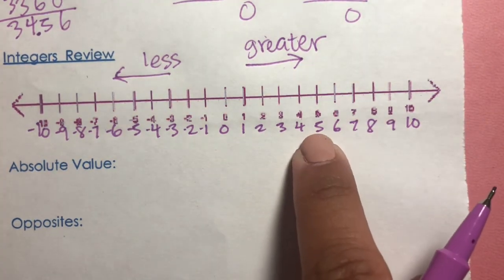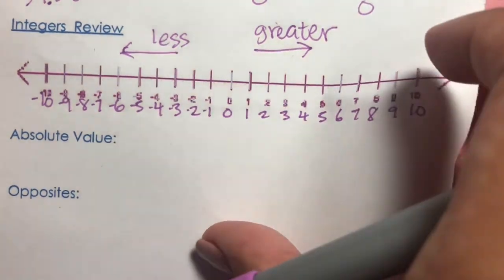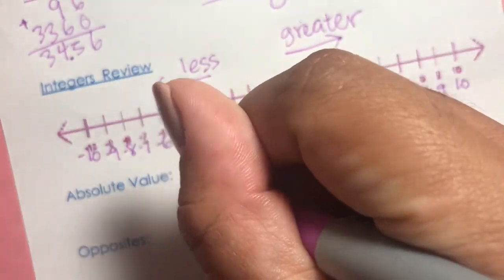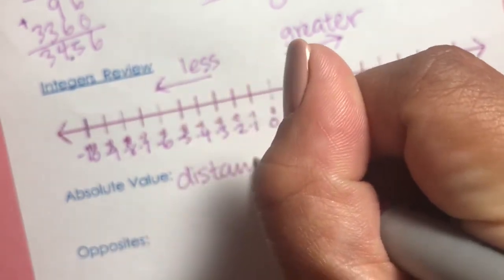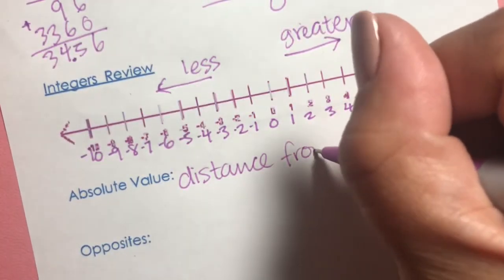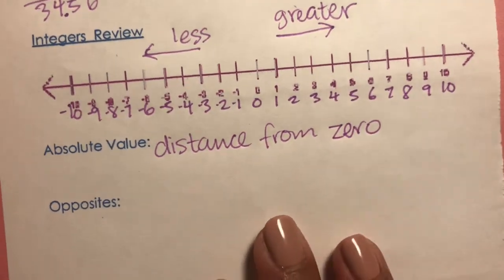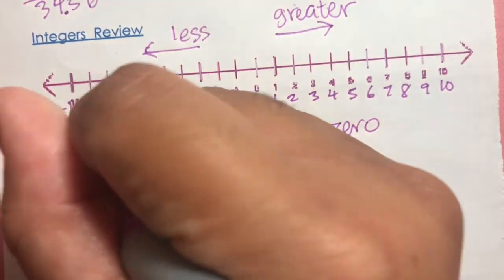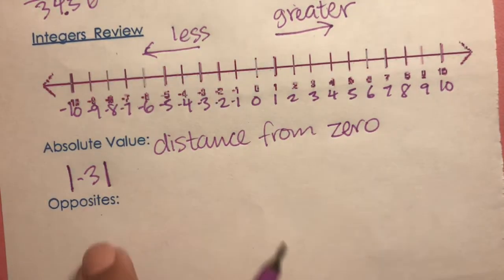Okay, so for absolute value, absolute value means the distance from 0. So the absolute value of a number is its distance from 0. You'll see absolute value written like this, where there are two lines on the side.